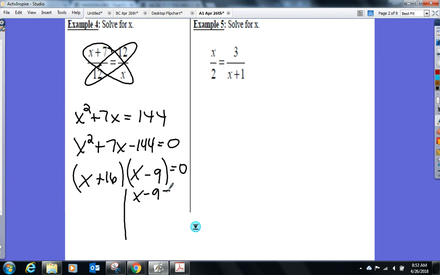Set each factor equal to 0. So x equals -16 and x equals 9. Any questions? I'm going to walk around, watch you do number 5 now.